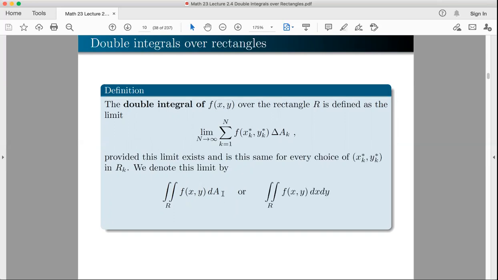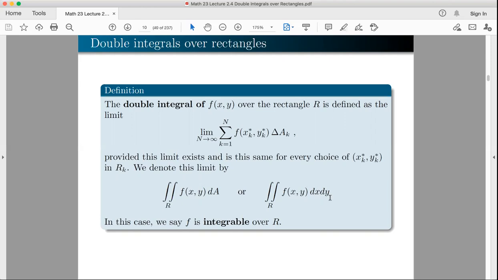Now, we can replace the dA here by dx dy, or dy dx. Recall that delta A is equal to delta x delta y. So when we take the limit, notation-wise, dA is equivalent to dx dy. Now, if this limit exists, then we say f is integrable over R.